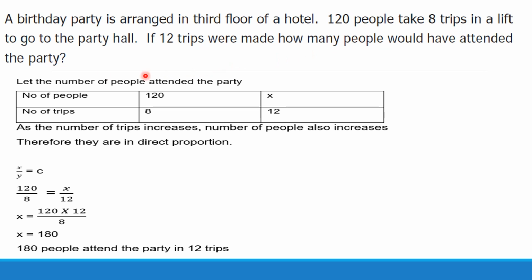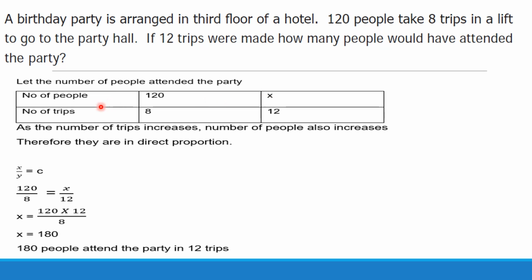So the number of people who would have attended the party, let us take it as X. And what are the two quantities? People and trips. 120 people means how many trips? 8 trips. Here 12 trips means how many people? That is our question.